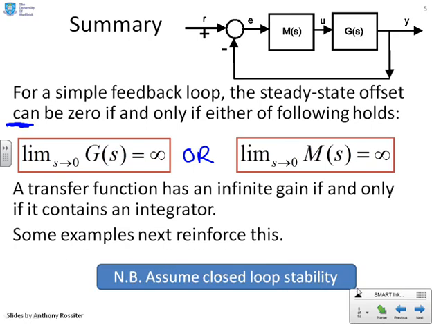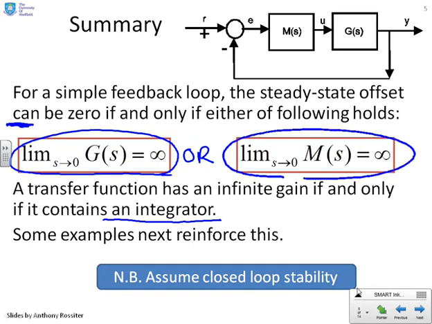So a transfer function has an infinite gain if and only if it contains an integrator. You will have noticed that in one of the earlier videos on gain. So we can translate the observations in these two boxes to saying we can get a 0 offset if and only if we include an integrator.